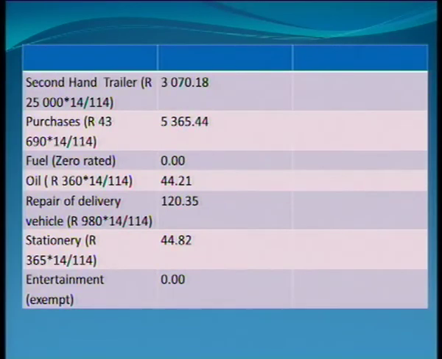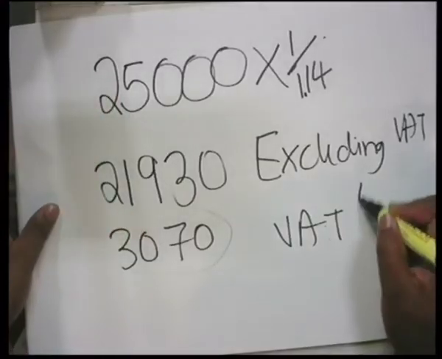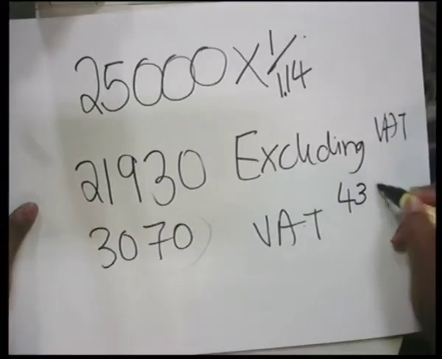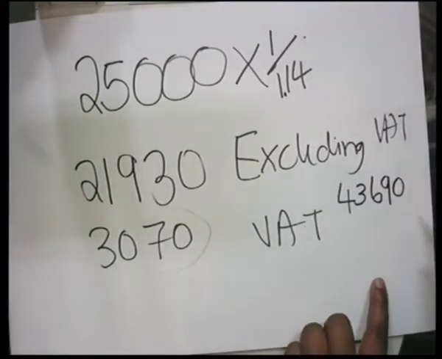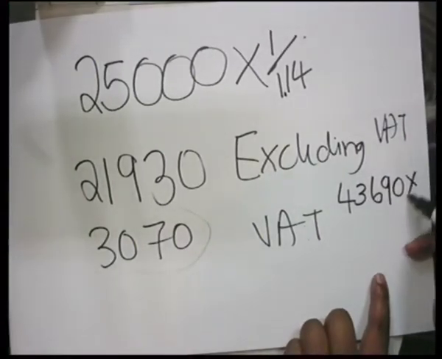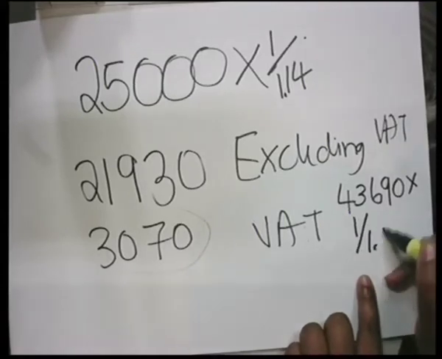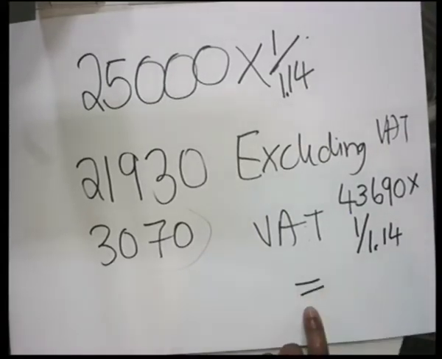The same theory applies as with this exercise. You will still say 43,690 times 1 divided by 1.14. And we get what? Let's see.